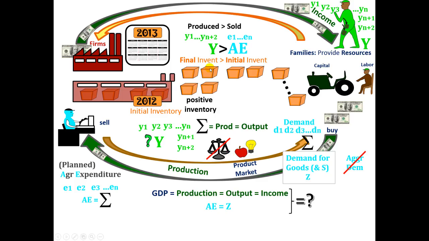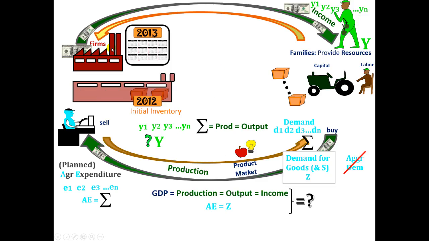Now let's consider the opposite case. So like in the first example, we assume there were N demand, N expenditure, and production and income. And we started, like in the first example, with an initial inventory of 2 boxes. But now let's assume that there is N+1 demand, one more.